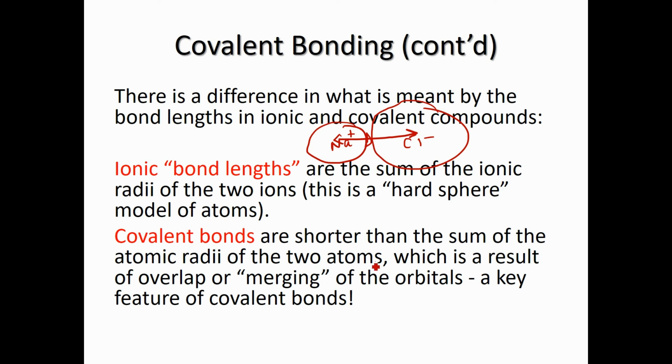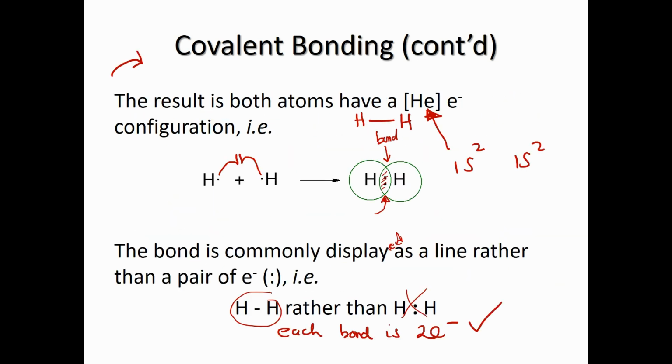But for covalency, that's not true, because there's an overlap. Where there's an overlap and merging of orbitals, it tends to be, it's true that covalent bonds are shorter than the sum of the atomic radii of the 2 atoms, because there's an overlap. For example, here, see there's an overlap, then the distance will be shorter versus if you were to consider them separate.